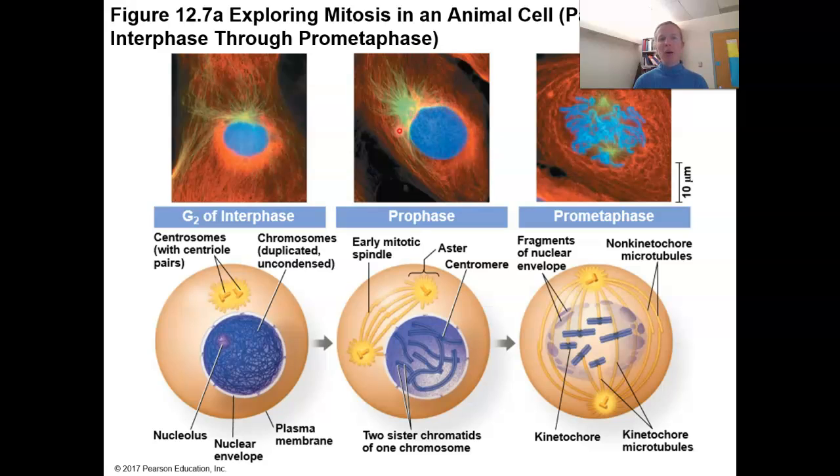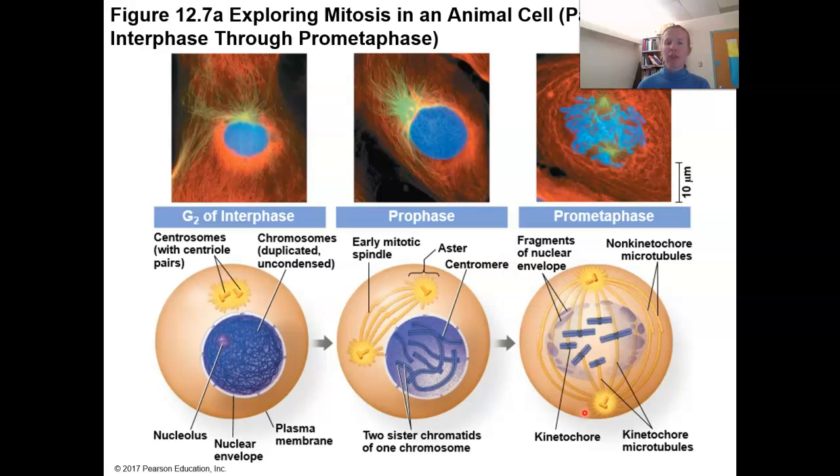It's not bound by that nuclear envelope anymore. The other thing that we see here is that those centrioles have moved to opposite poles. They're on far opposite sides of the cell. Again, you won't be able to see the centrioles in lab, but we'll end up grouping prophase and prometaphase together for our purposes in lab.